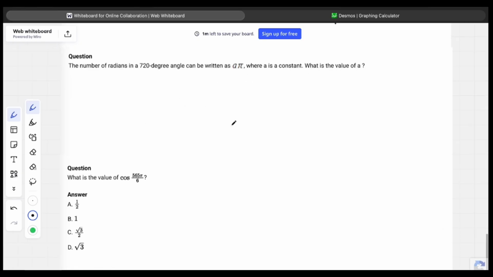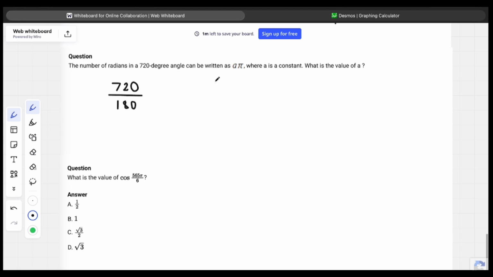Now on to our final two questions of the video. The question says, the number of radians in a 720-degree angle can be written as a pi, where a is a constant. What is the value of a? When a question is asking you to find radians from a degree angle, one easy way to do it is just to take the degree that is given, so 720, and divide it by 180.